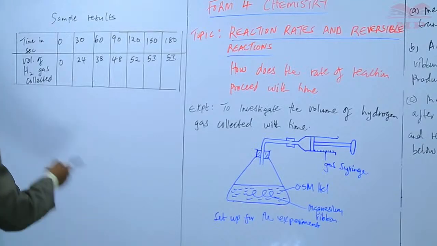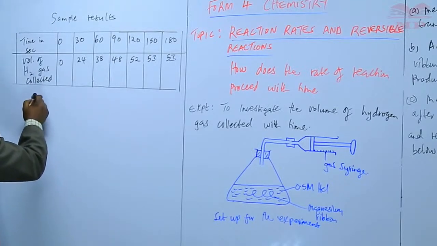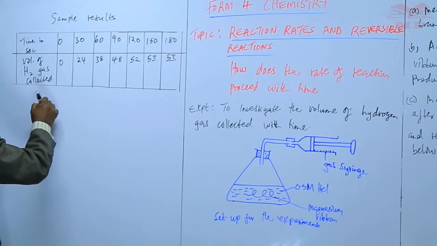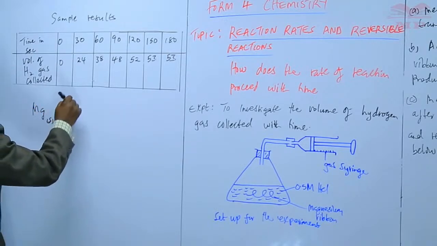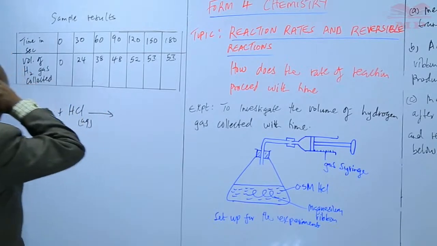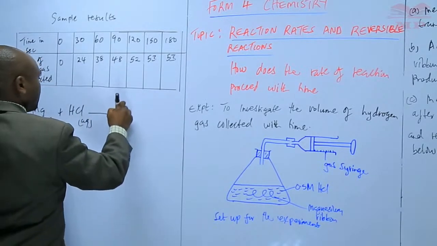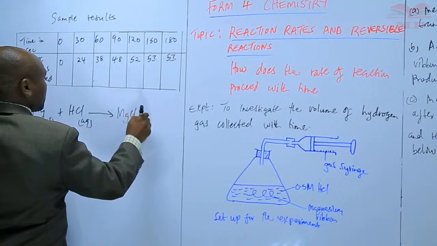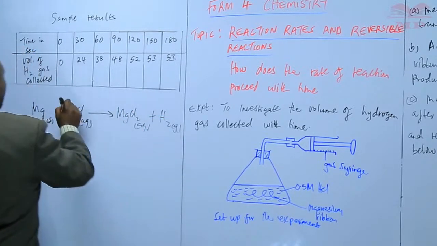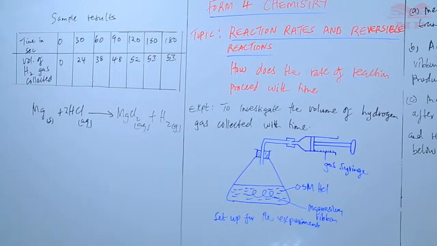So we can say the equation for the reaction here is that magnesium plus HCl react together to form magnesium chloride plus hydrogen gas. That's why we are measuring the volume of hydrogen gas being produced.